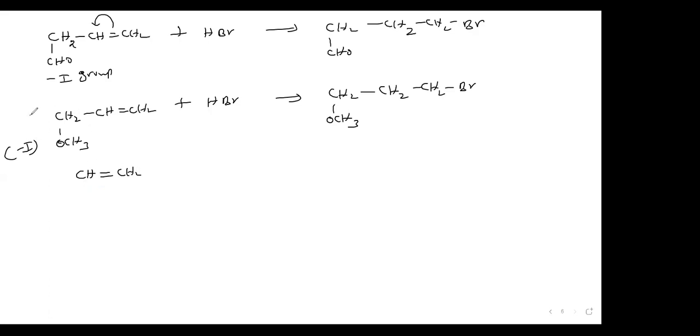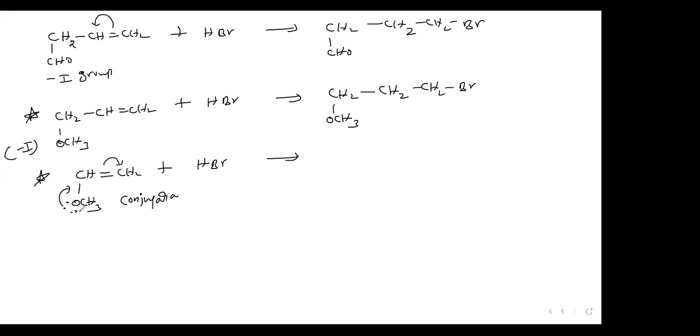Please make sure, important, this one I am giving here is OCH3 plus HBr. In this case, what do we expect as the answer? What is this? The lone pair. Here we have a conjugation. Conjugation means this lone pair shifts here, this pi bond shifts here.